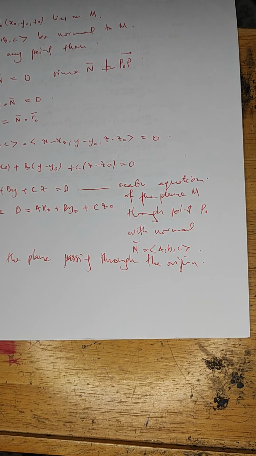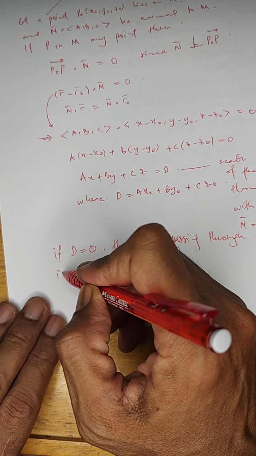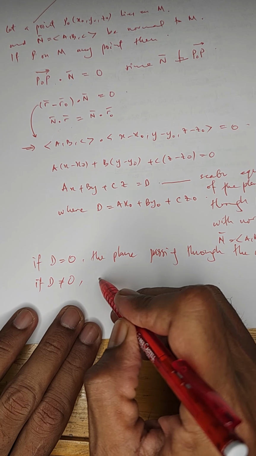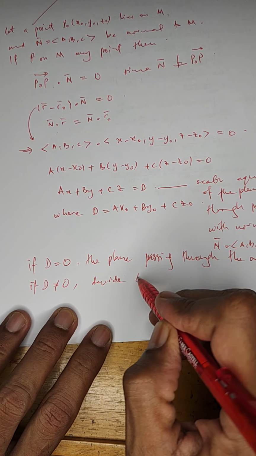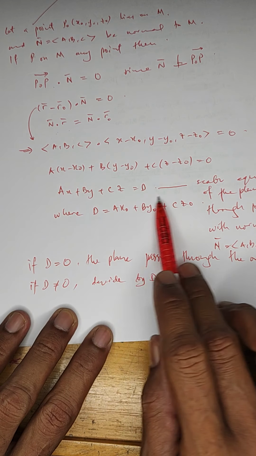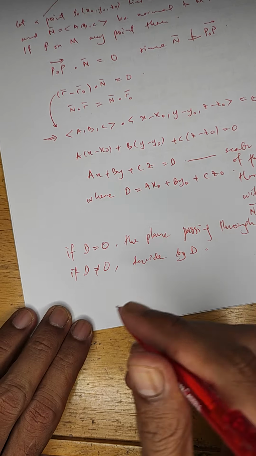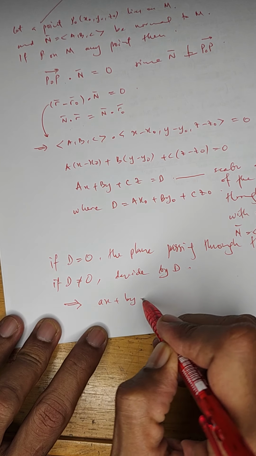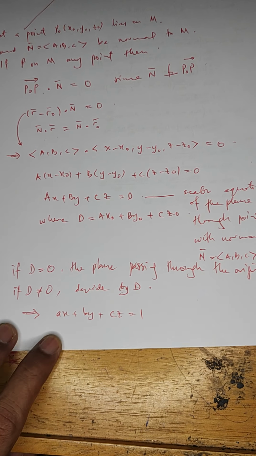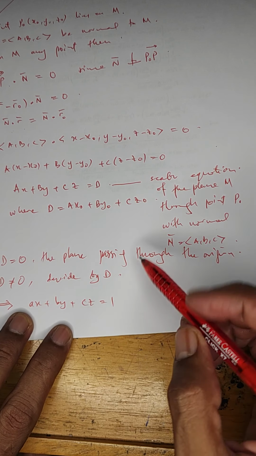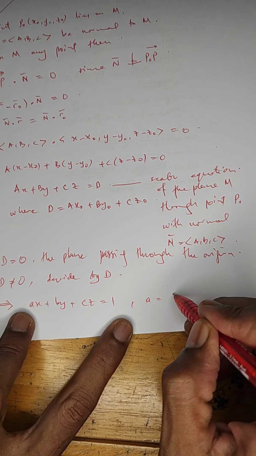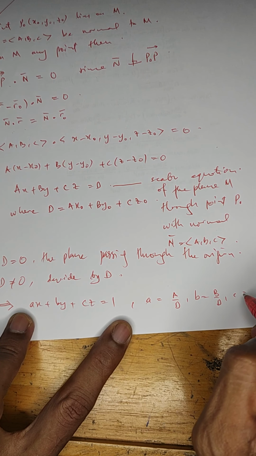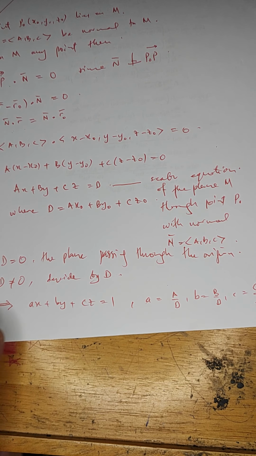And if d is not 0, we can divide this equation through by d, and write it as Ax plus By plus Cz equal to 1, where capital A is a divided by d, B is b divided by d, and C is c divided by d.